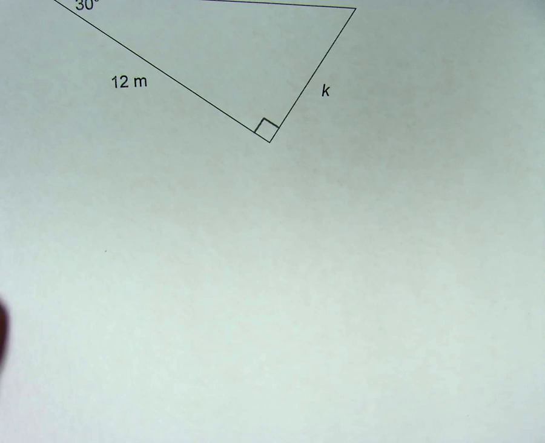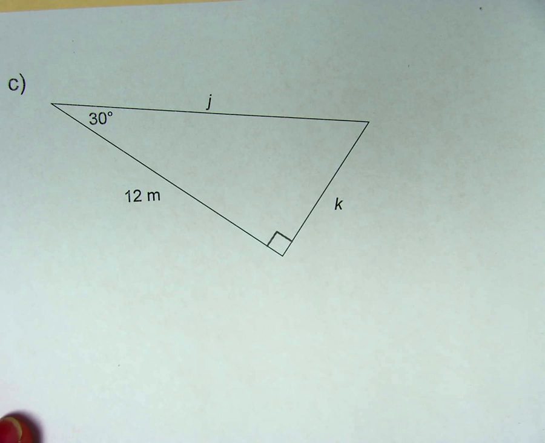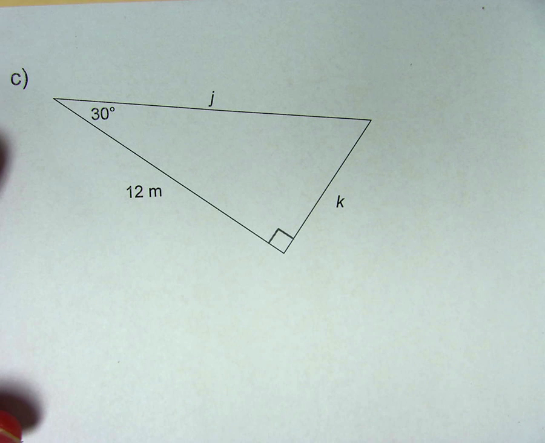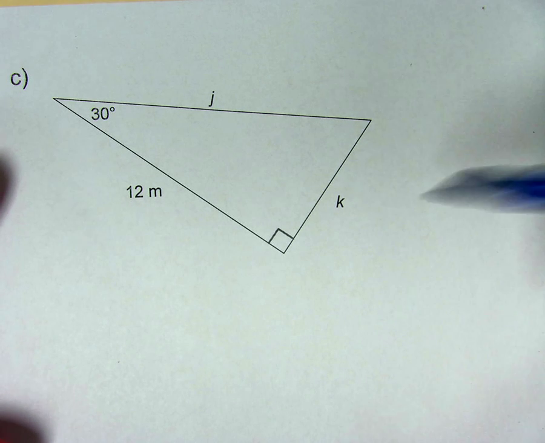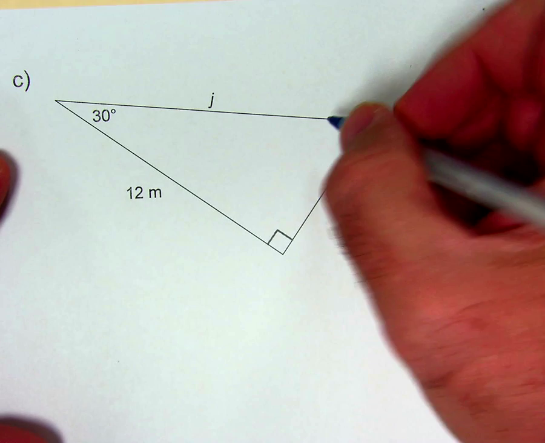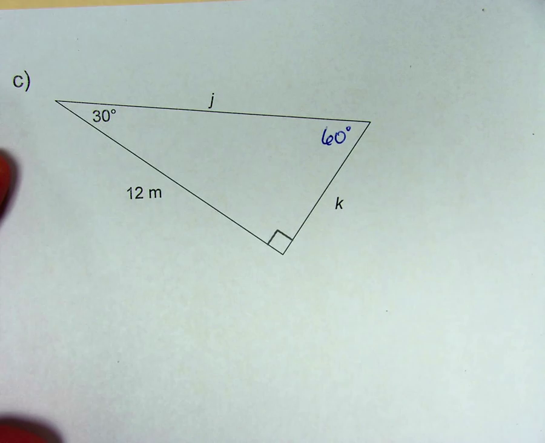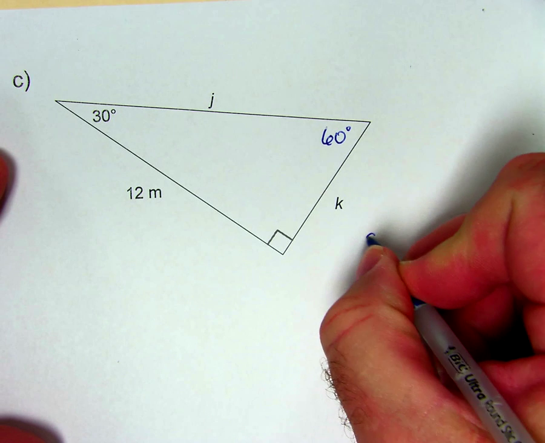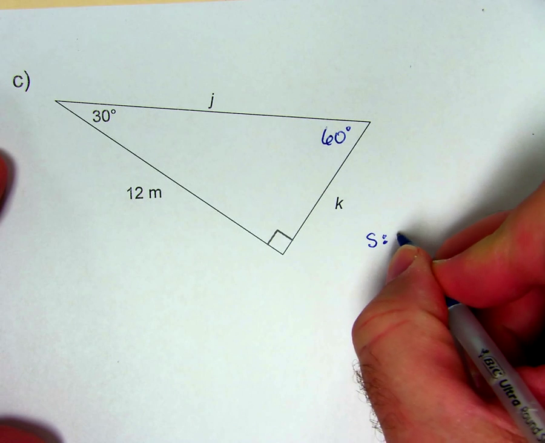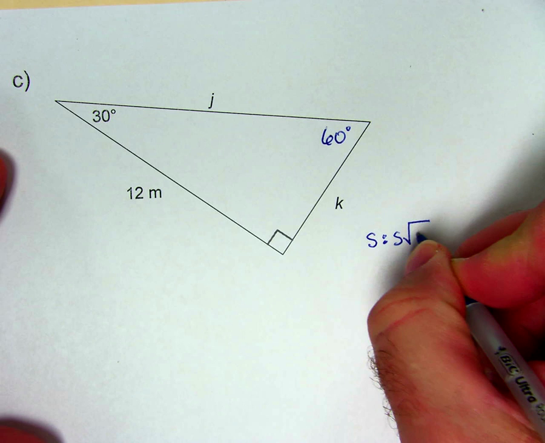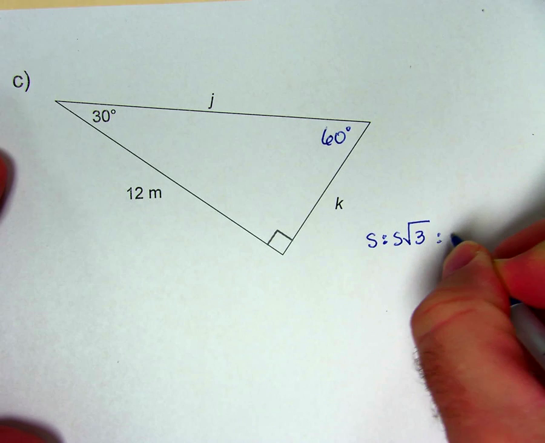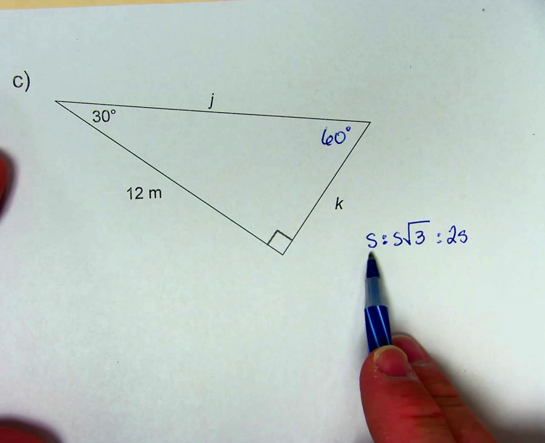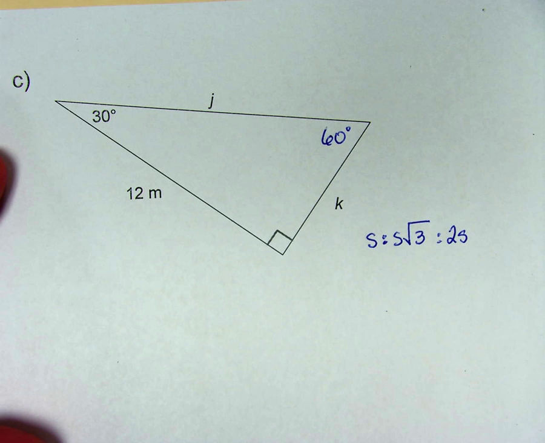Okay, last example here, we have this right triangle. We have the 30-degree angle, the 90-degree angle, so that leaves this angle to be 60 degrees. We have the relationship that the sides are in the ratio of S to S times the square root of 3 to 2S, going from shorter leg to longer leg to hypotenuse.